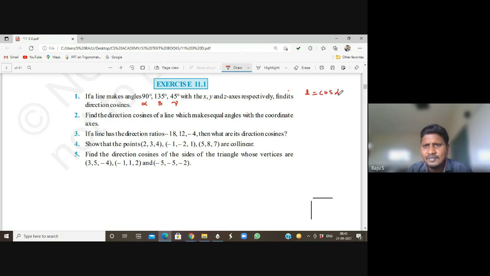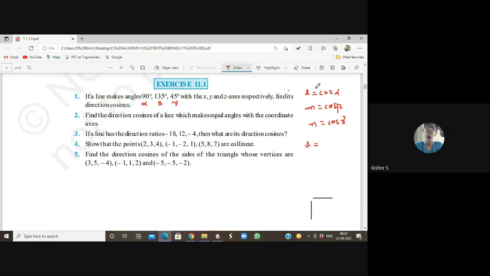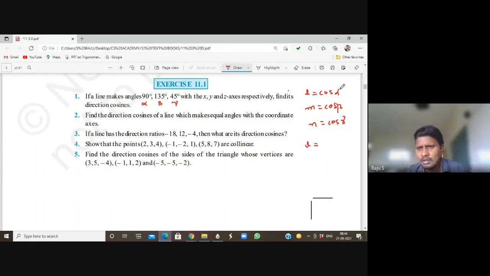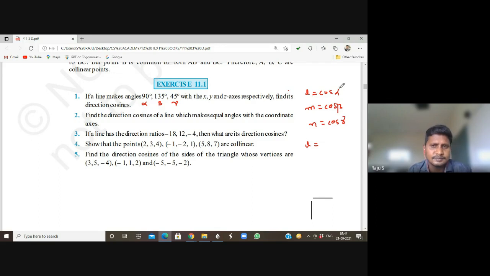L is equal to cos alpha, M is equal to cos beta, N is equal to cos gamma. Got it? Yes, substitute the alpha, beta, gamma values. If L, M, and N are direction cosines, then what are A, B, and C? Sorry, A, B, C are called direction ratios. Here L, M, N are called direction cosines, right?